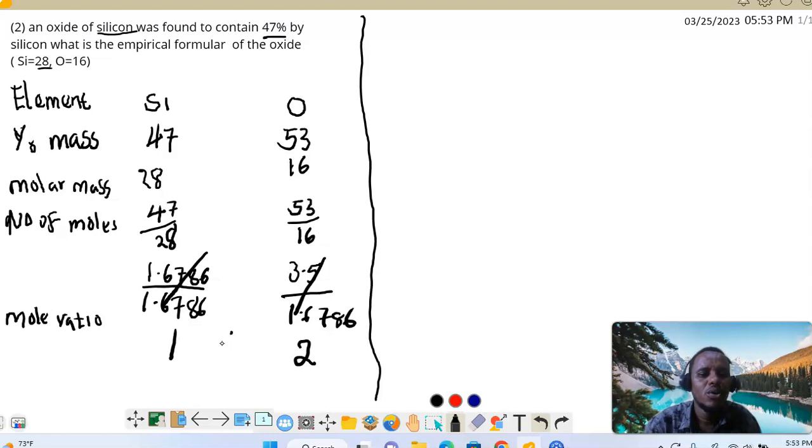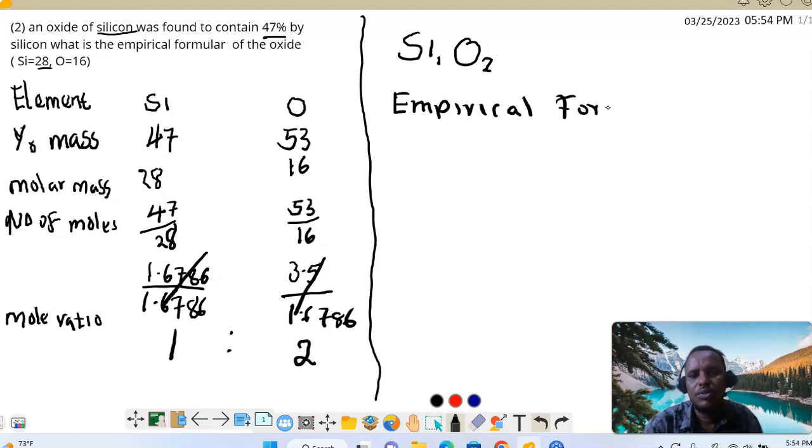So here we have a ratio of 1 to 2. The 1 is from silicon, Si is 1, and oxygen is producing 2. So therefore, the empirical formula of silicon oxide is this.